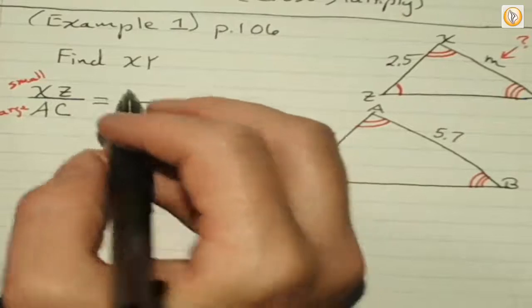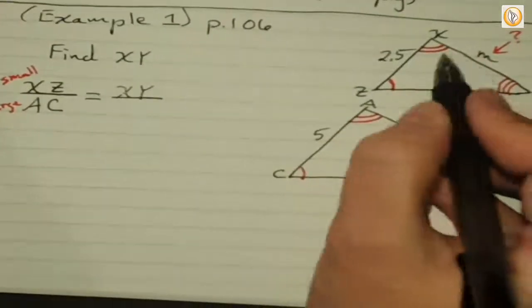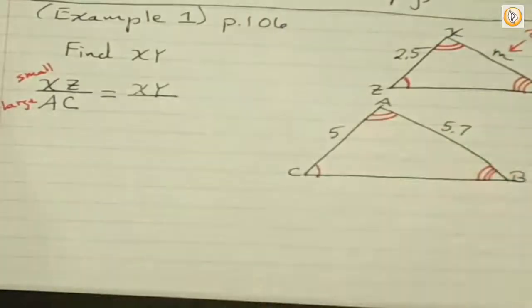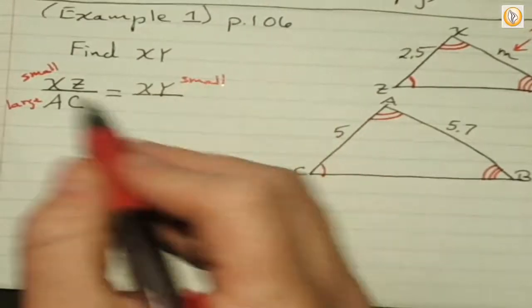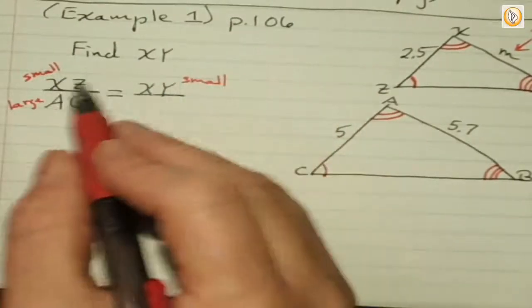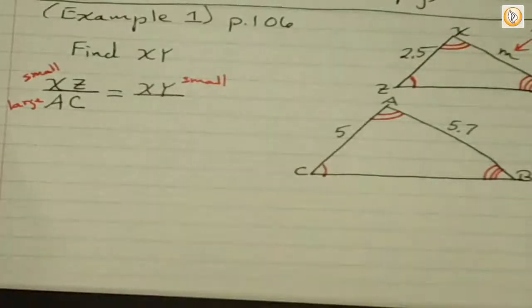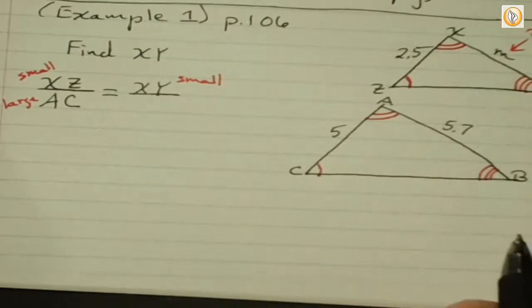There you go. Michaela remembers. That's right. You're going to put XY because that's the side we're looking for. You're putting it on top because it's small. It goes with the small triangle. You want to keep those together. Be it on top or on the bottom, you want to keep them together. So this side correlates with what side, Cecilia?